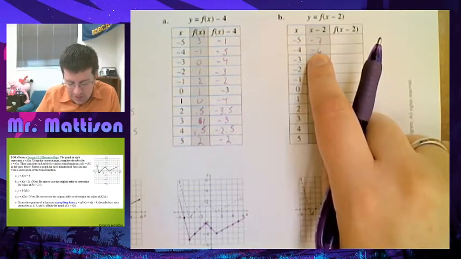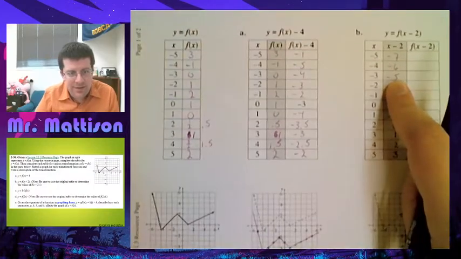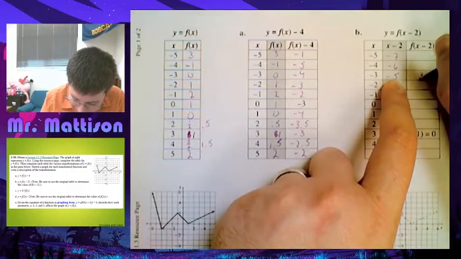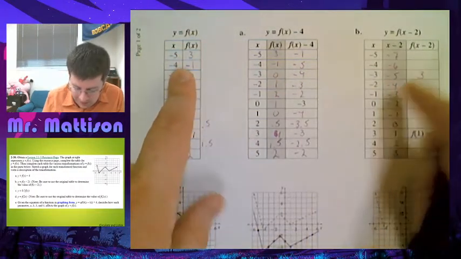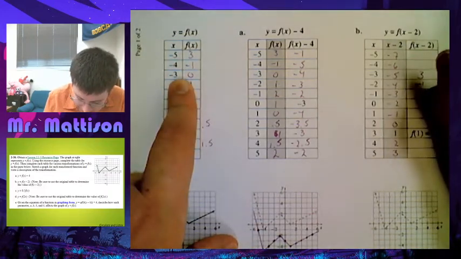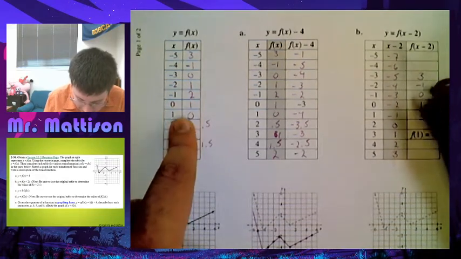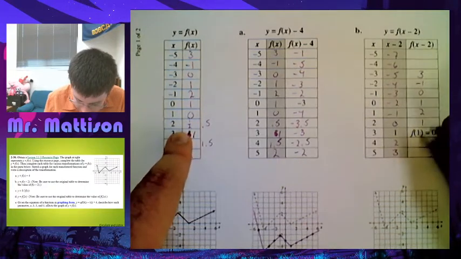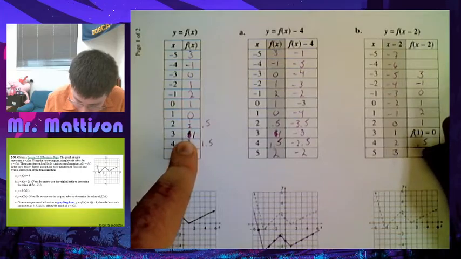Nor do I know negative 6, but I do know negative 5. f of negative 5 is 3. f of negative 4 is negative 1. f of negative 3 is 0, and hopefully we see the pattern. 1, 2, 1, 0, 0.5, 1.